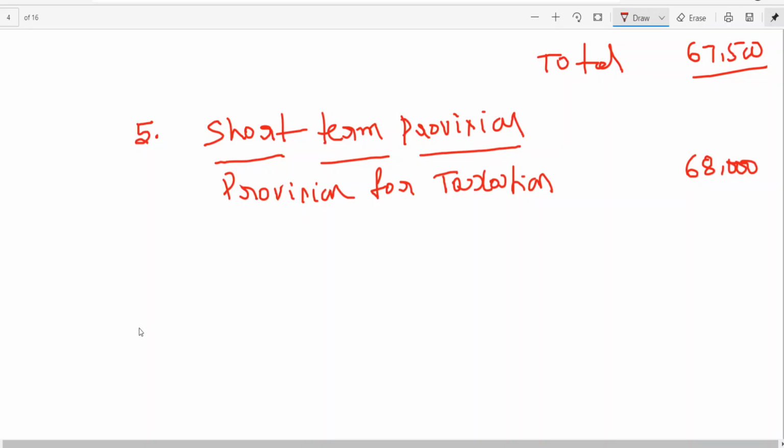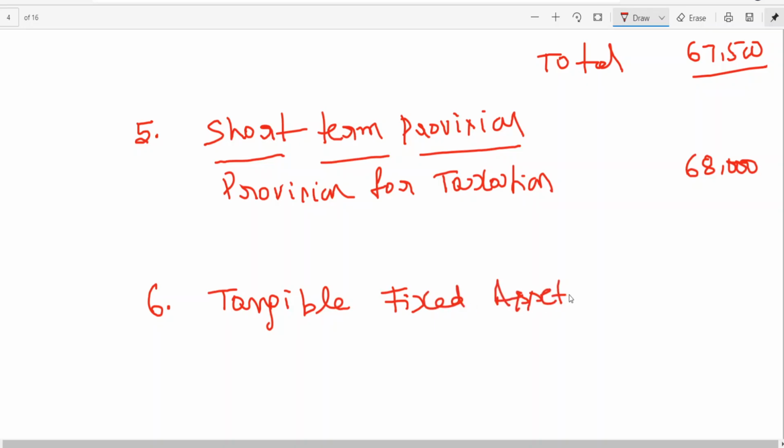Let me start with assets. Property, plant and equipment, I have told you, no. Under that we will be getting tangible fixed assets.